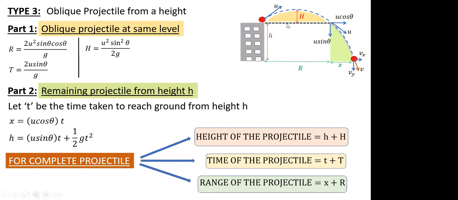Yes, theta will be the same, because on the same level, the angle with which it was projected and the angle with which it reaches the same level are the same. It is symmetric, which I even explained in the ground to ground projectiles.